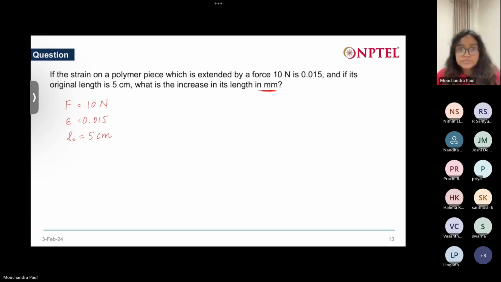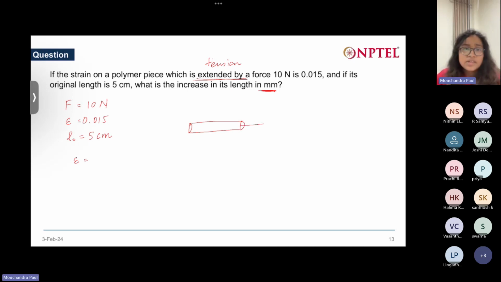So what we will do, this particular question is talking about a tension kind of situation where the material is under tension. So you will think that this is your polymer piece and some tension is applied.